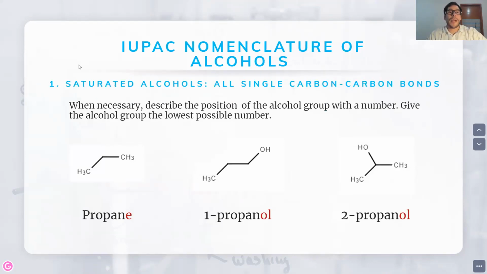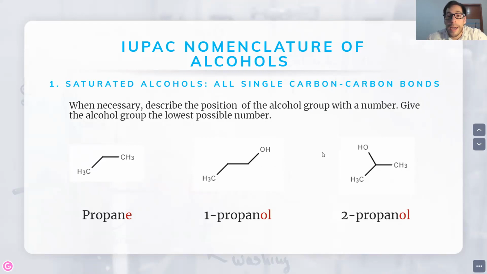When it's necessary, we have to indicate the position of the OH group with a number, as we did before with the substituents, for example, methyl, propyl, etc. We will always try to give the alcohol group the lowest possible number. So here we have propane, the normal alkane, but when we have the OH group at the end, at one of the extremes of the molecule, we will call it 1-propanol.